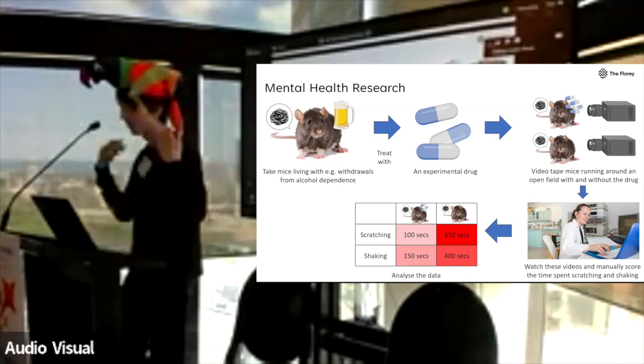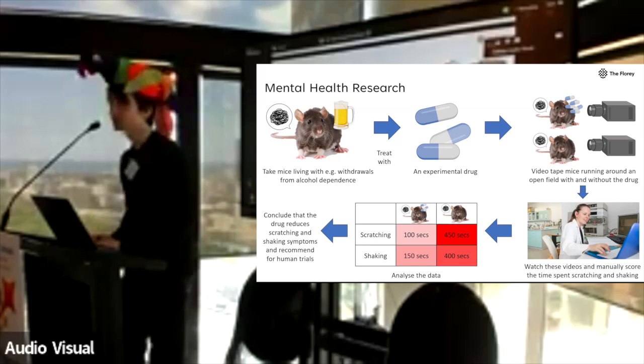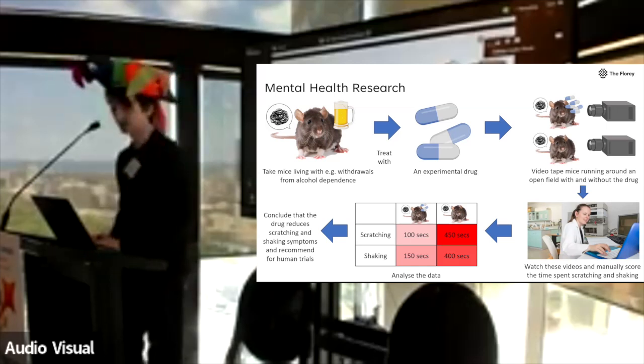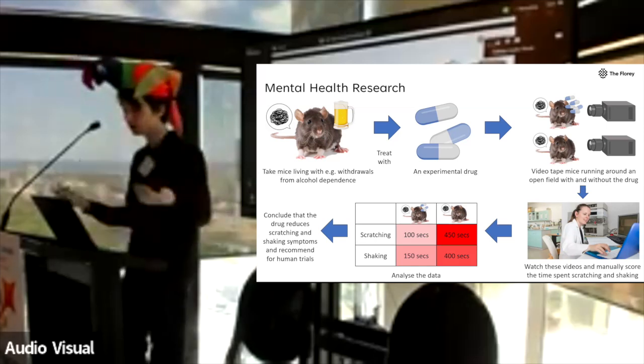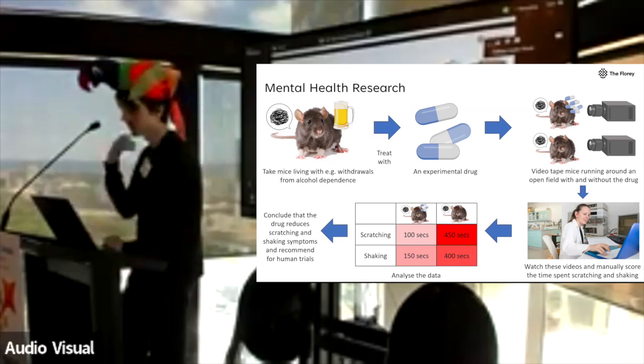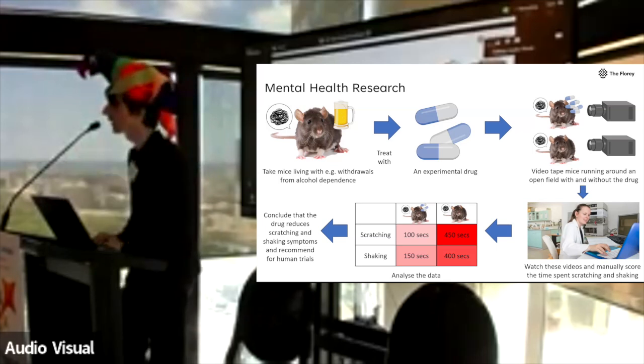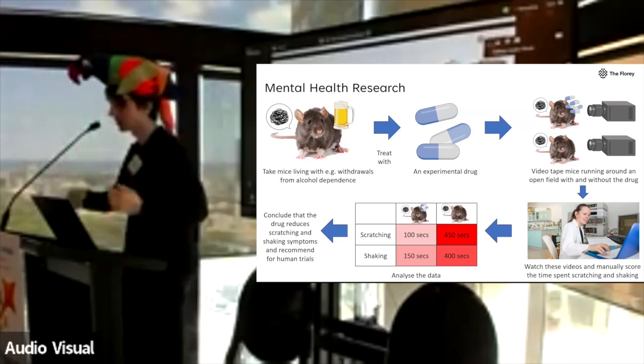And then they compare the time spent scratching and shaking with and without a drug. From this data, you can conclude whether the drug reduces scratching and shaking symptoms and recommend this drug for human trials.